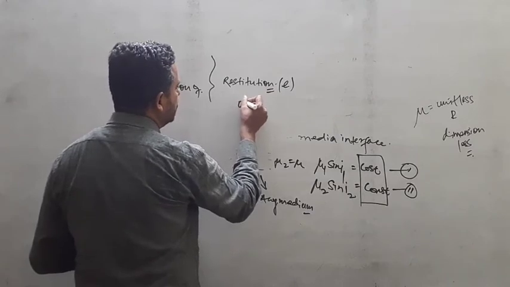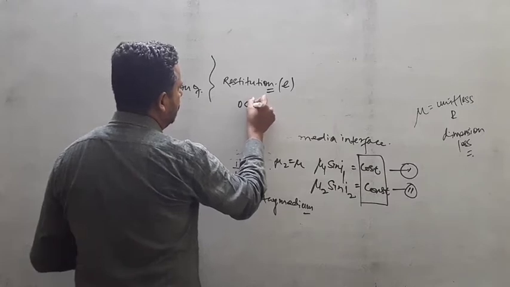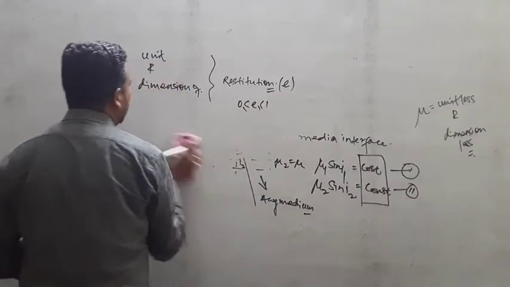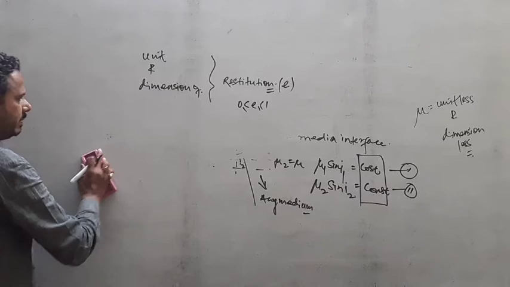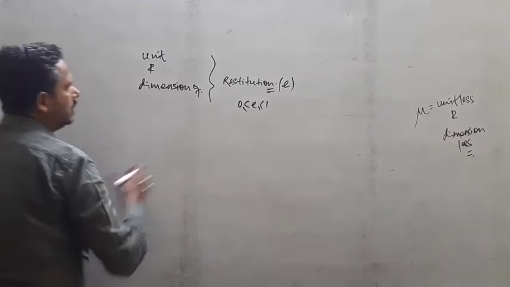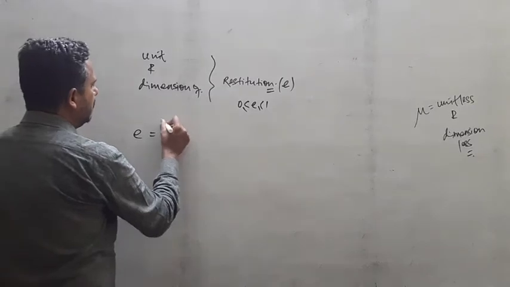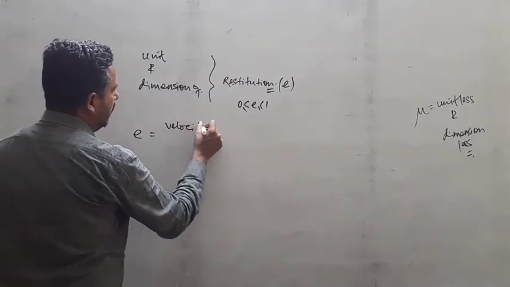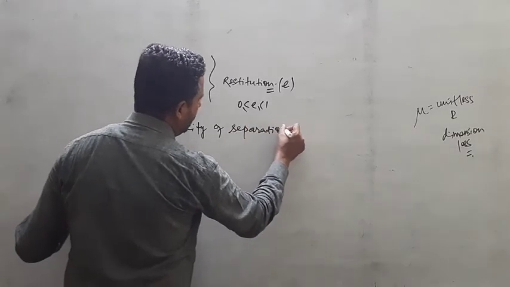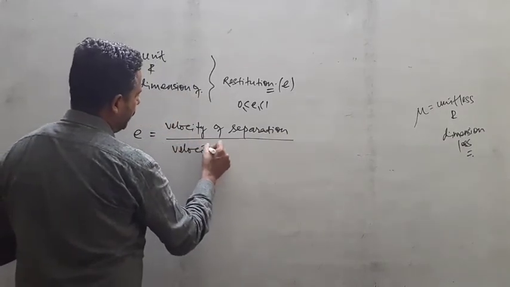So this one varies from greater than or equal to 0 and less than or equal to 1. Okay. Basically, what is this? Coefficient of restitution. So basically your coefficient of restitution is the velocity of separation to the velocity of approach.